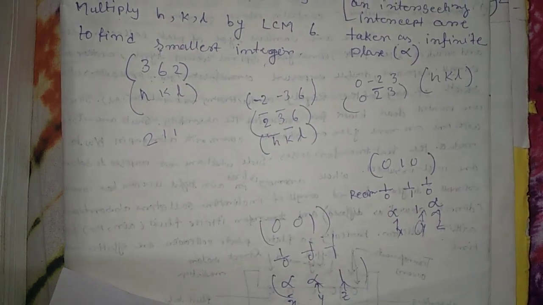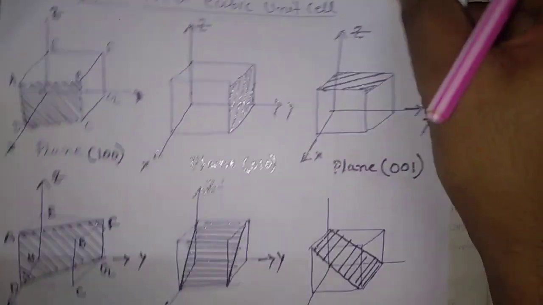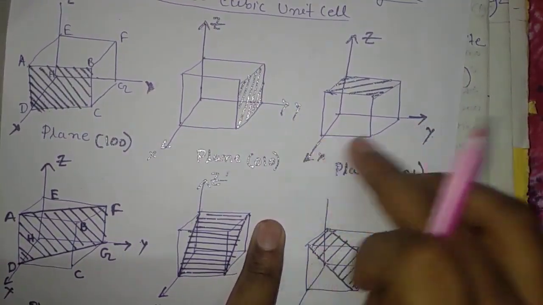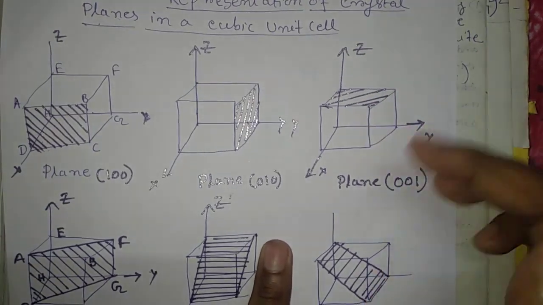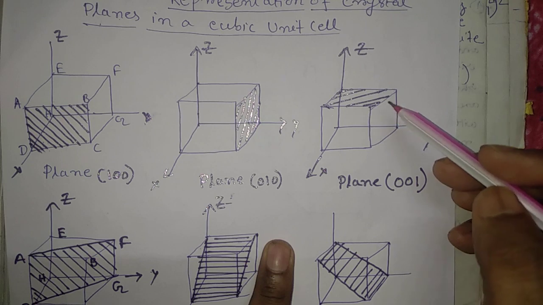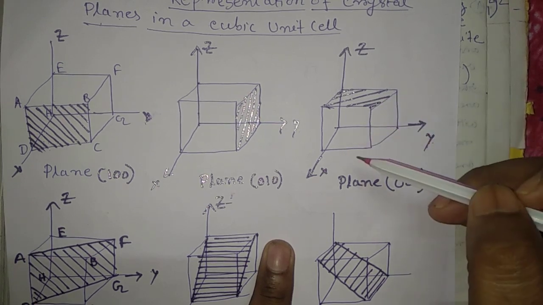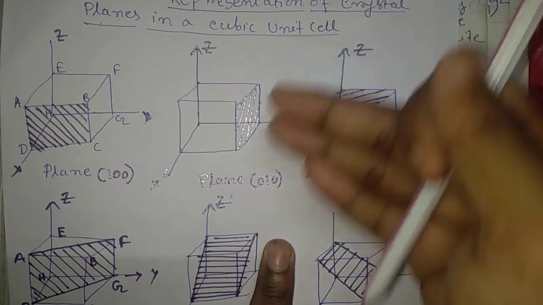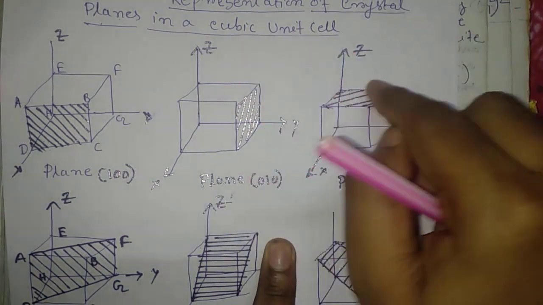So on the xyz axes, the z axis has the point at 1, and x and y are infinity, so this is the plane 0 0 1.